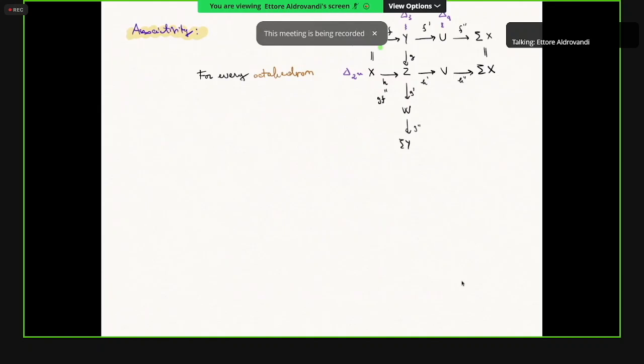Now these are given distinguished triangles that you can always build once you are given these morphisms. And the axiom says that you can always complete this diagram by filling in essentially the fourth distinguished triangle in a way that everything commutes.